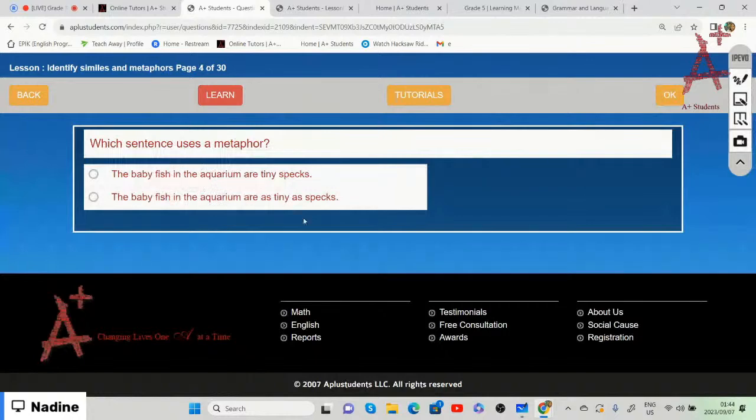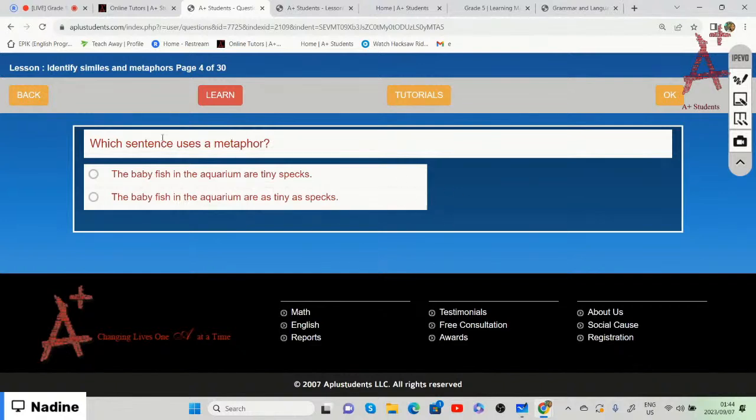And then which sentence uses a metaphor? Remember we said within a metaphor there are no words like or as. The baby fish in the aquarium are tiny specks, or the baby fish in the aquarium are as tiny as specks. All right.